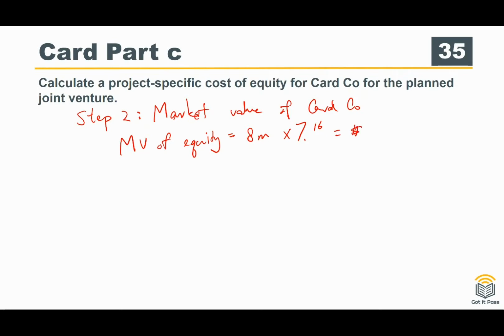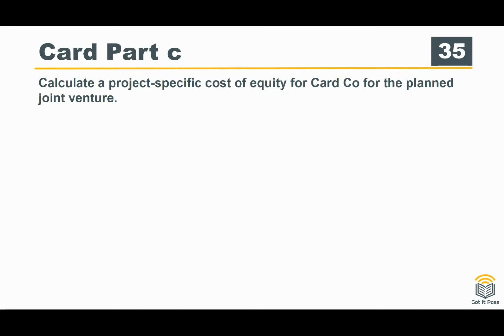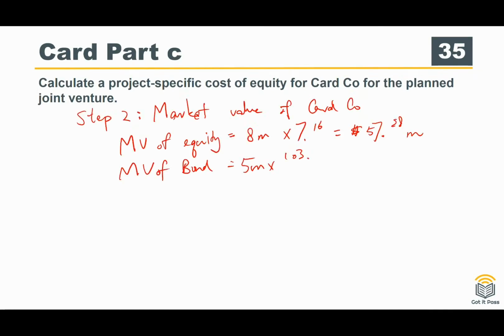So you can get the market value, which is 28 million. And for the bond, the nominal value is 5 million given to you, and the market price is 103.42 divided by the nominal value of 100.